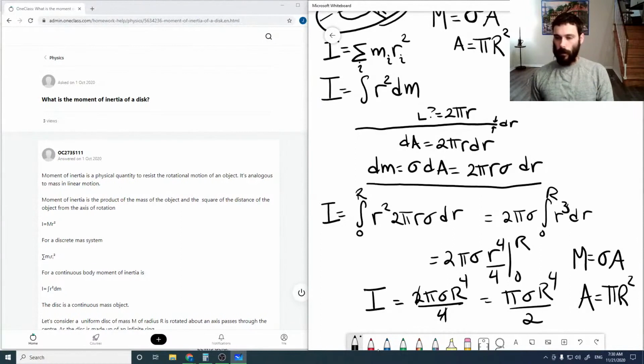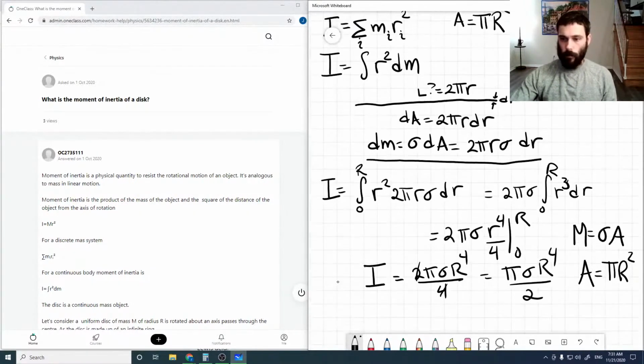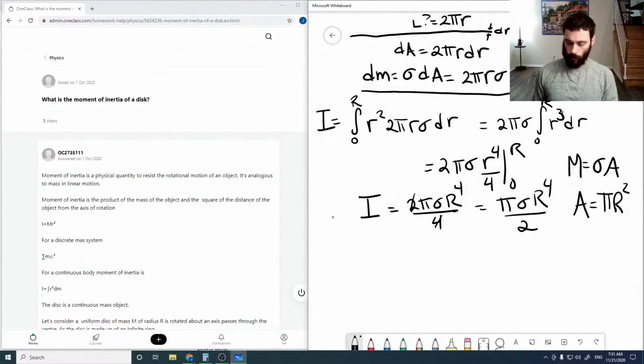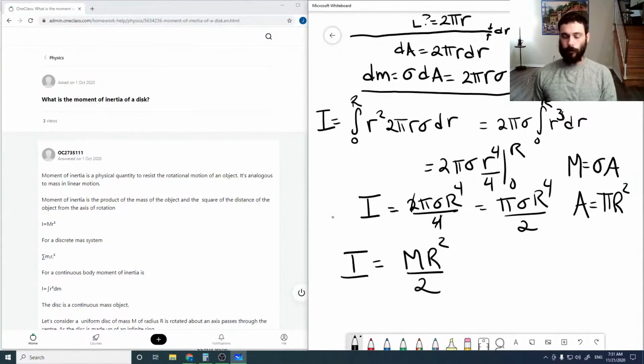And we can see here that pi r squared is in here, leaving an r squared, and we still have that sigma lying around. So sigma pi r squared is our mass. And so using those two expressions, we have that our moment of inertia is m r squared over 2. And this is neat because these are just parameters for the disk, right? So this is the total mass for the disk, that is the radius of the disk, and it's just divided by 2.